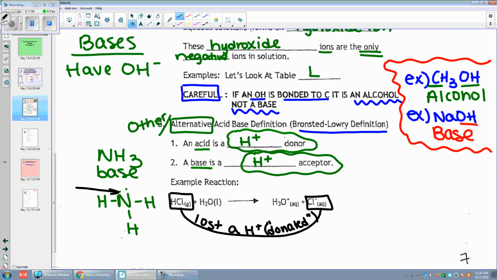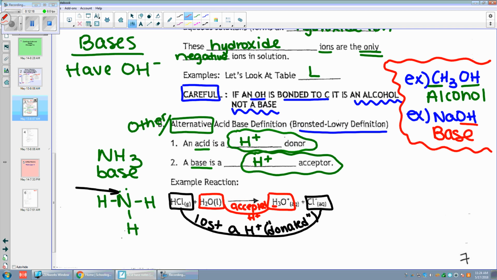If I look at the other one, then I'm noticing H2O became H3O plus. This has an extra H, so it accepted an H plus.